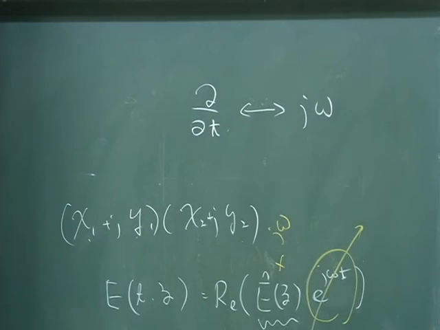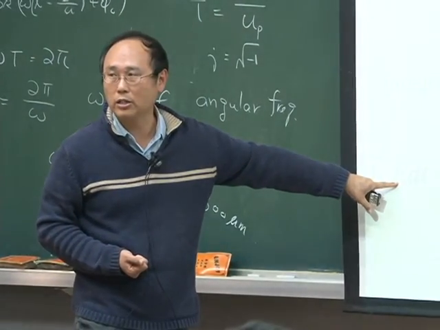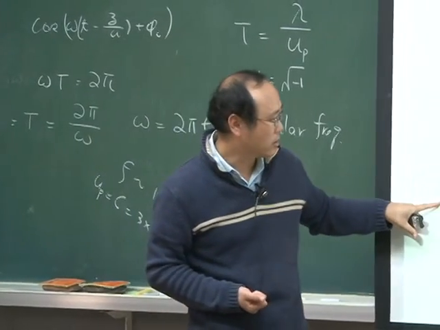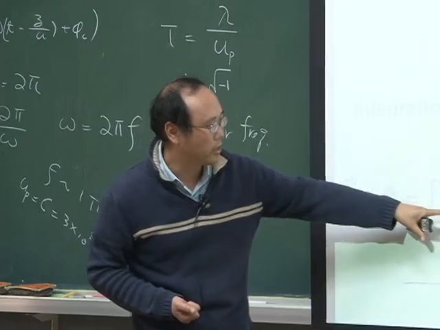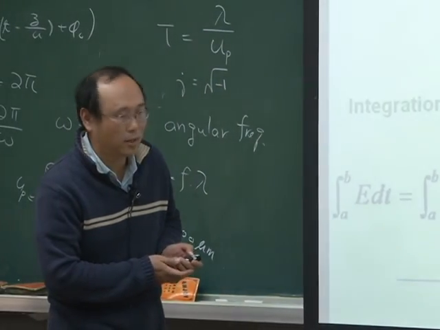Okay, and how about integration? If you want to do integration, well, basically you start from this real number. 在这个是真实世界里头的项, right? And then this E is expressed by this real part of this complex number.